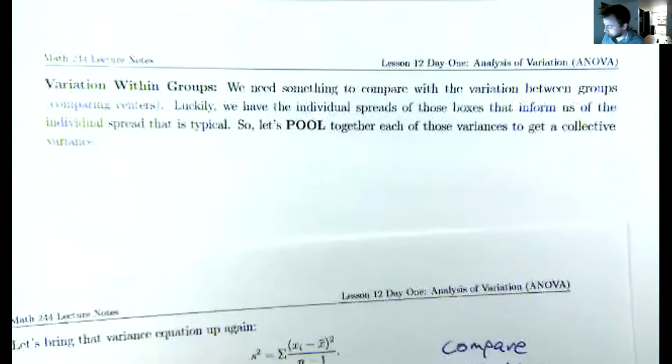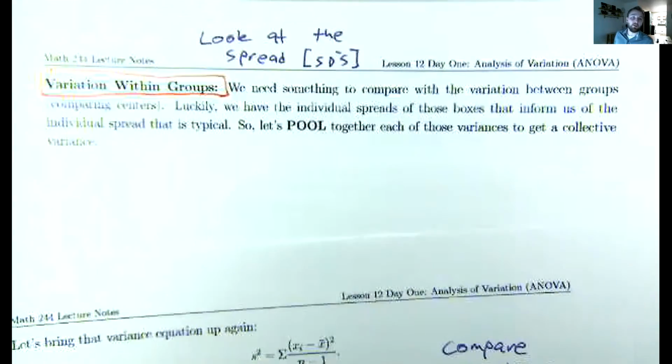Next page, variation within the groups. This is going to look at the spread of those boxes. And it's going to look at the spread using those standard deviations. Again, I'm going to go over this in a lot of detail on each of these pages, but I'm just telling you what's coming up.